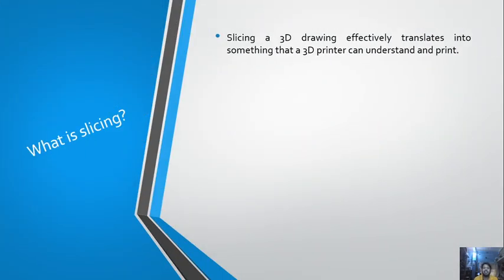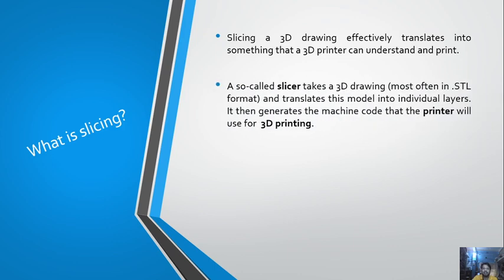In slicing, basically, a 3D drawing is effectively translated into something that a 3D printer can understand and print. Or if you want a slightly more technical explanation, slicing turns a digital 3D model into G-code that a 3D printer can understand.